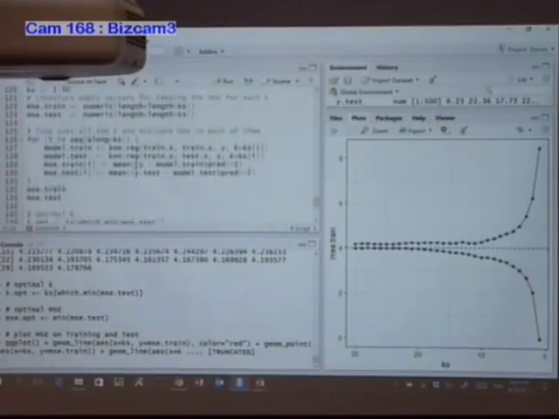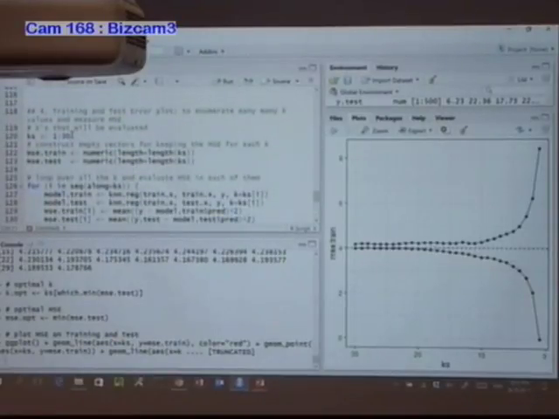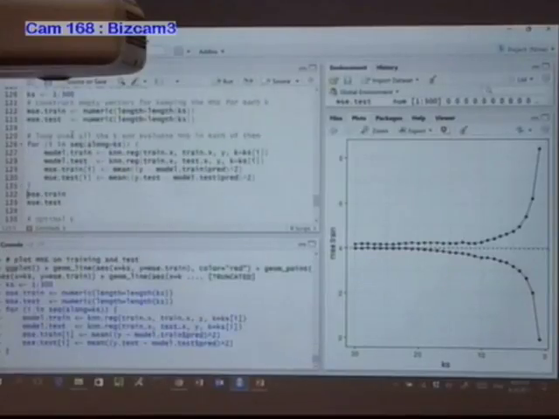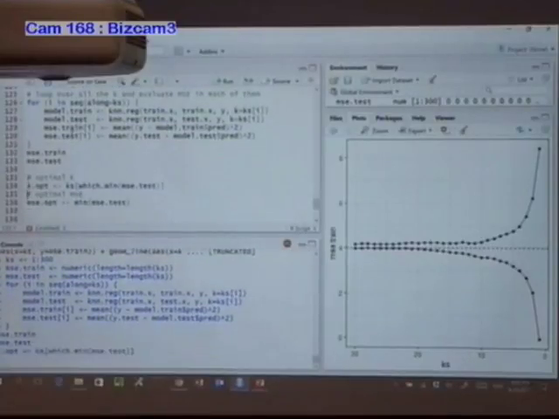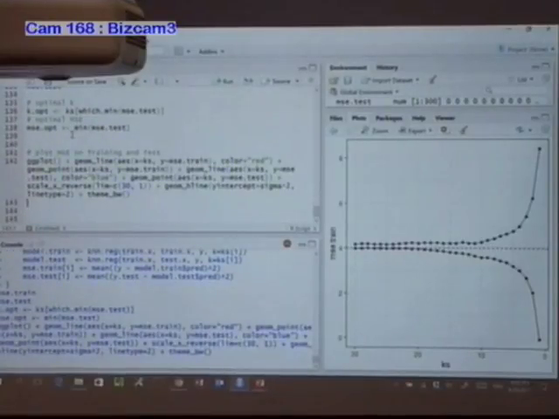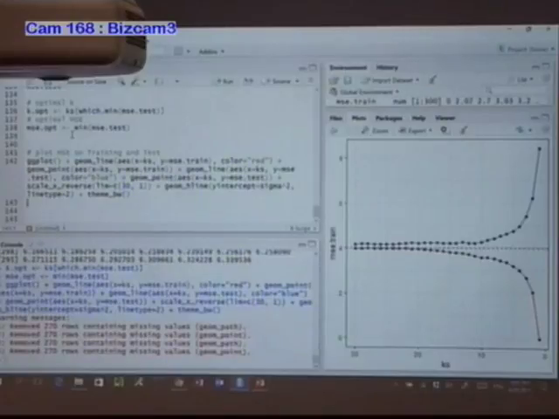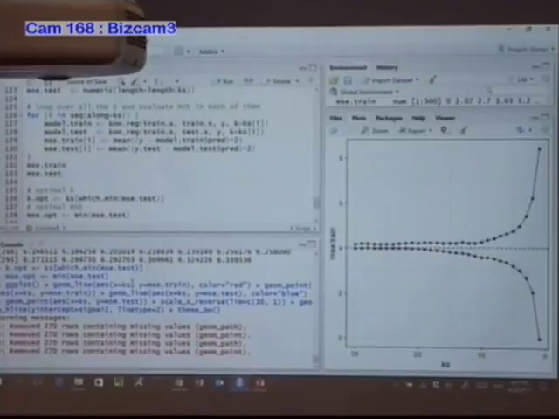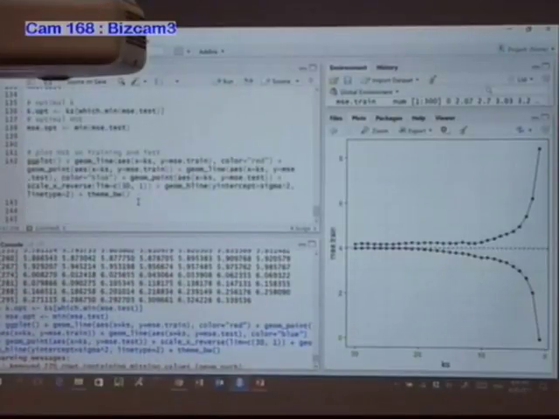Let's try 300. Crazy. Takes some time. Uh-oh. Too big? There's a 30 here. I'm assuming 30 here.